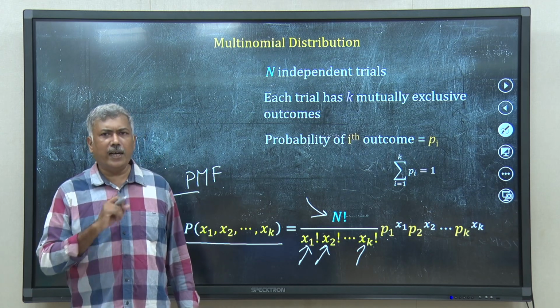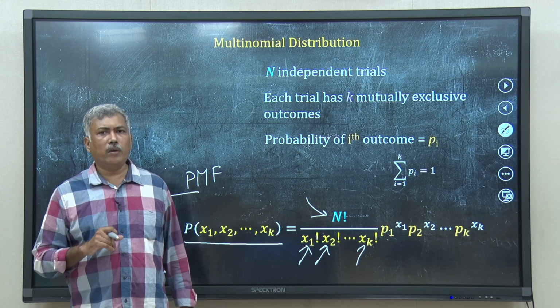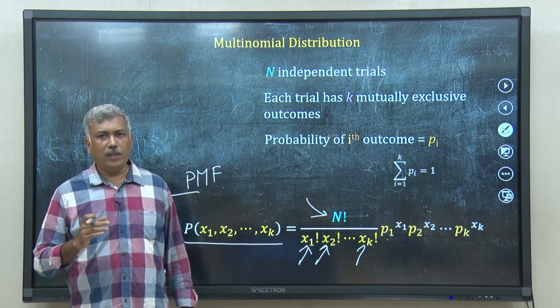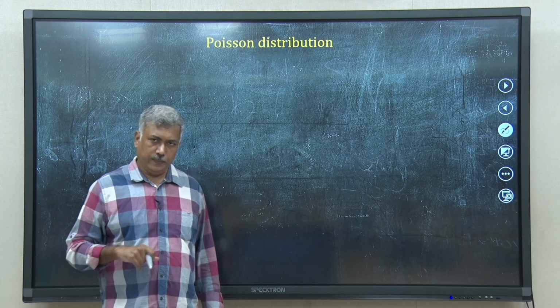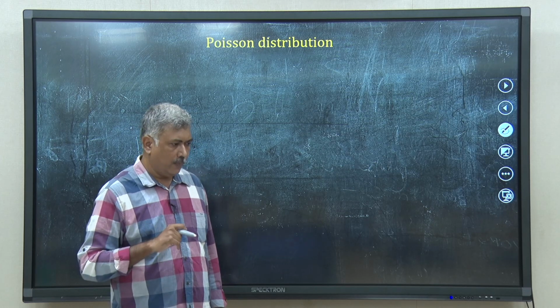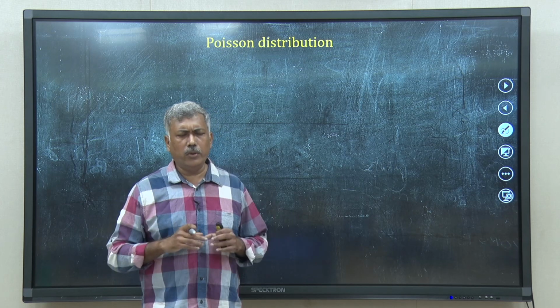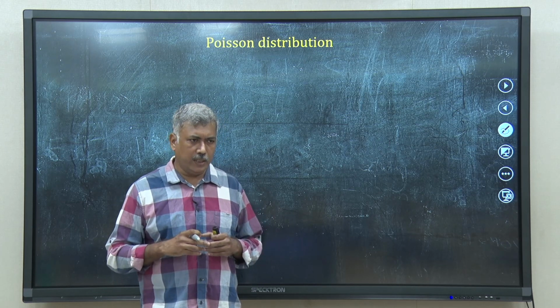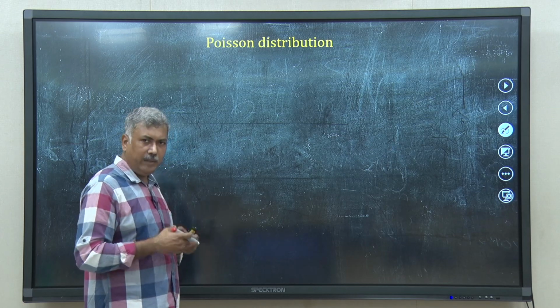Now let us move into the third and one of the very common discrete probability distributions that we deal with usually in data analysis. That is called Poisson distribution. What is that? Before I go into it, let us take an example. Suppose I am doing DNA sequencing, some method, we will not go into that, and obviously any method will have some sort of error, mistakes in that.